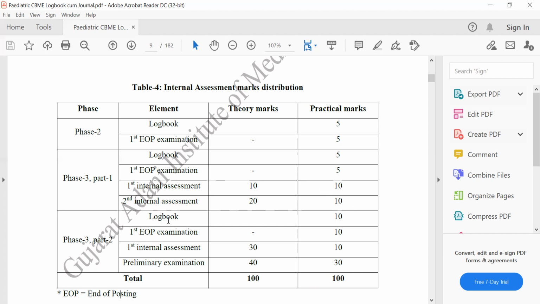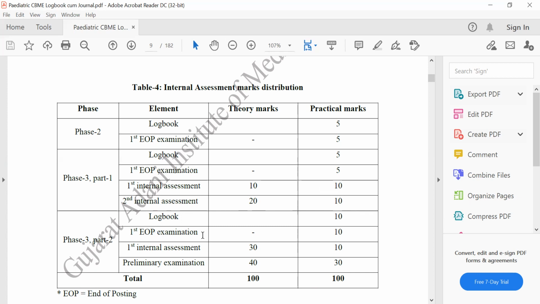And in phase 3 part 2 logbook again 10. So total logbook weightage is 10 plus 5 plus 5. So 20 marks out of 100 is for the logbook only. So a student will complete it, and it is compulsory for appearance in the exam also.